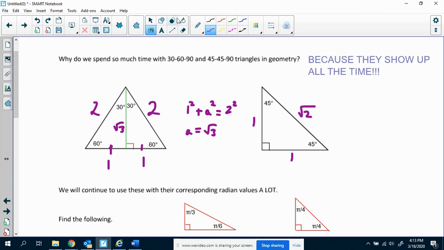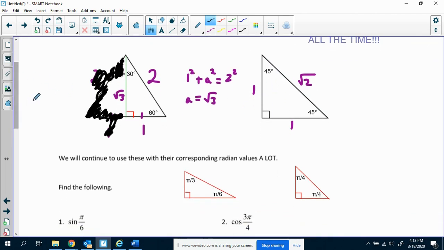So if I look at a 30, 60, 90 triangle, if I just pretend like the rest of this isn't here, and I just look at the 30, 60, 90 triangle over on the right side of this, and I look at the 45, 45, 90 triangle, that's stuff that we need to know from our geometry days. And it's also stuff that we're going to use a lot even with radians.